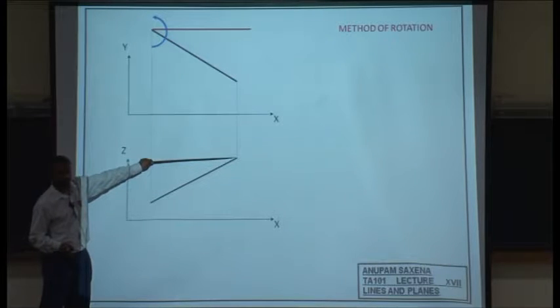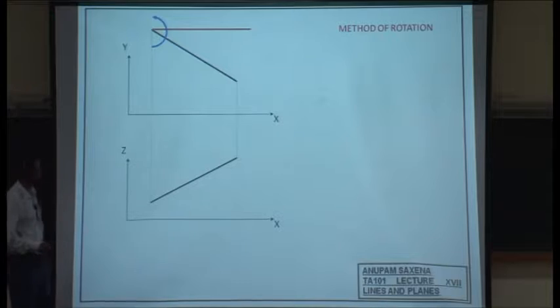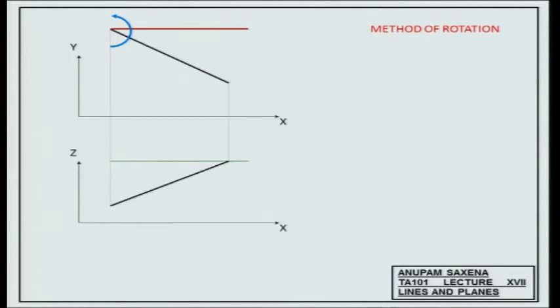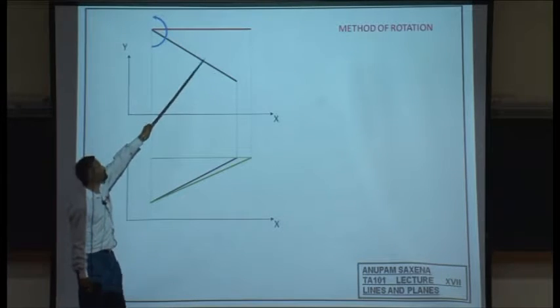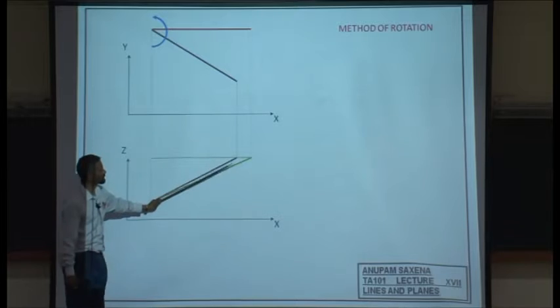The z coordinate of this point would not change. So you can expect the z coordinate to be lying somewhere on the horizontal, green line. True? Okay. And you already have the position of this point in the top view. Use this projection, get this point. So if you have rotated the line so that this projection happens to be horizontal, this would give you what?